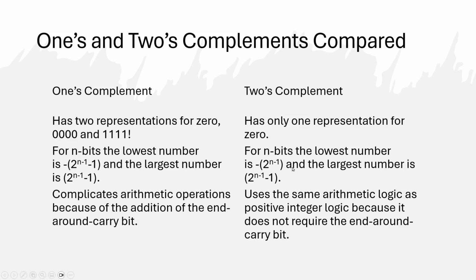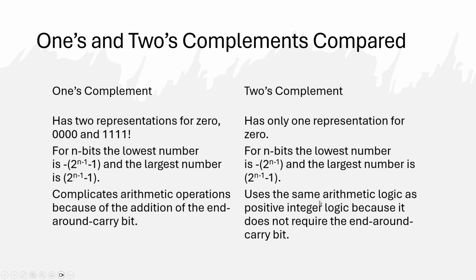And the reason is that the number 1, 1, 1, 1 in the two's complement system is equal to -1. And that means you have one extra number to use in the system.